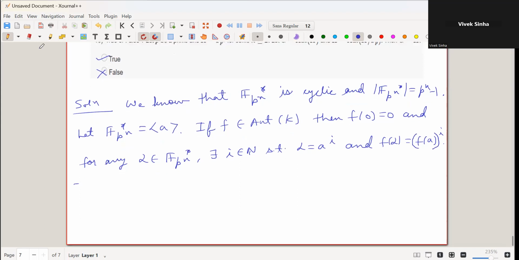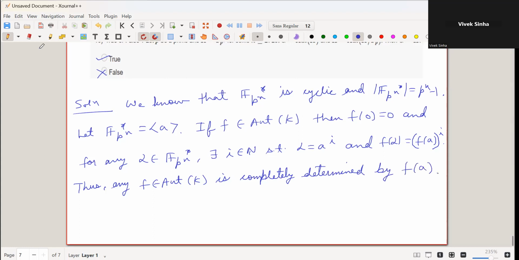So what does this imply? Thus any f belonging to Aut(K) is completely determined by f(a).